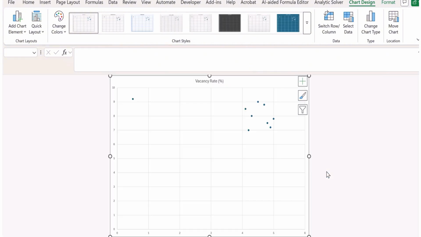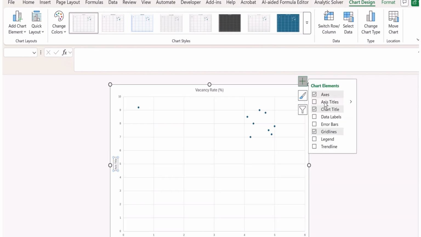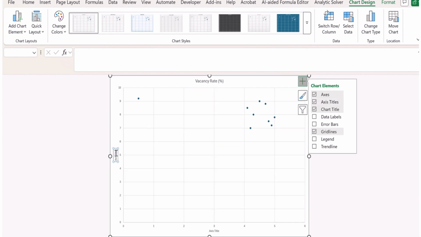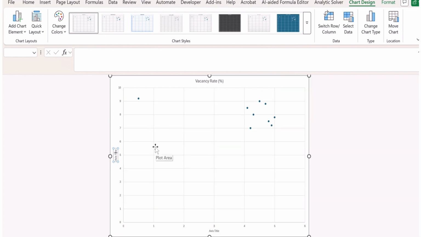So we can add here to show the axis. What will this be? This will be the vacancy rate, the y-axis, vacancy rates, and this will be the GDP growth.